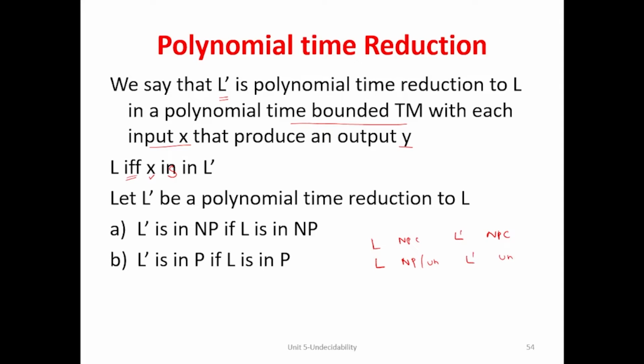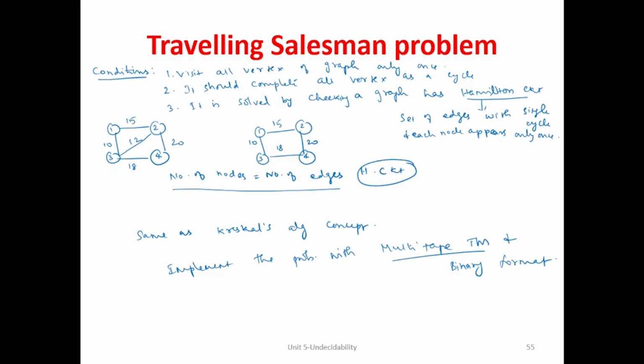So this is the polynomial time reduction, and I am taking the traveling salesman problem as an example. What is the basic concept behind the traveling salesman problem? In a non-linear data structure, consider a weighted graph in which all the nodes are visited through some edges.